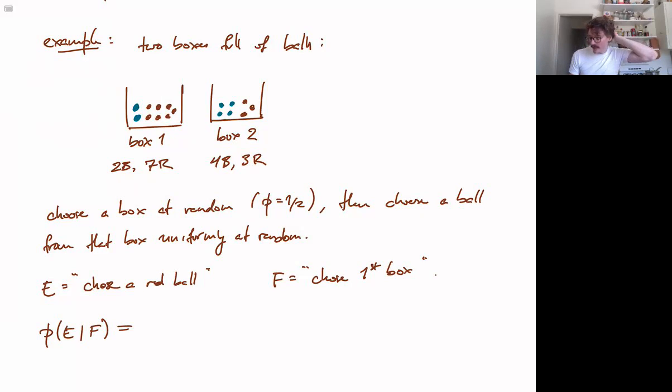So if we are given F, which means that we chose the first box, what is the probability of observing E, which is that we chose a red ball? So this is essentially just saying, what is the probability that we choose a red ball from the first box? Like if we just choose a ball from the first box, what is the probability that it's red? And that is 7/9, because, like we said, they all have a 1/9 chance of being chosen, and 7 of them are red.